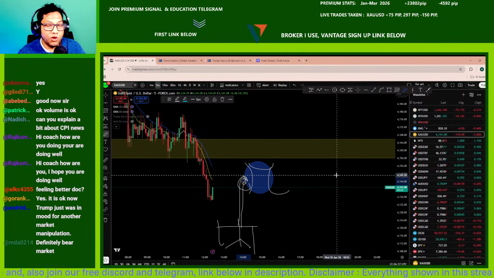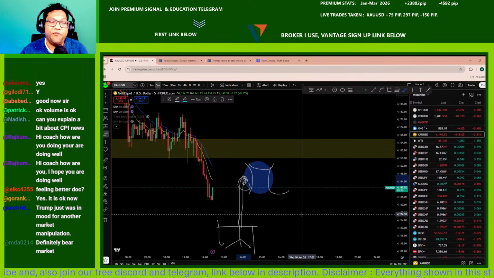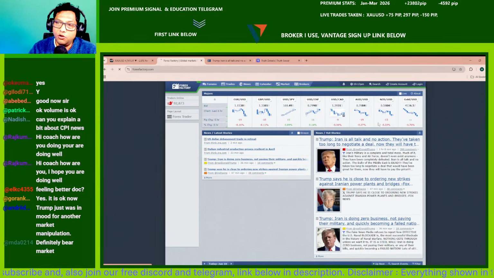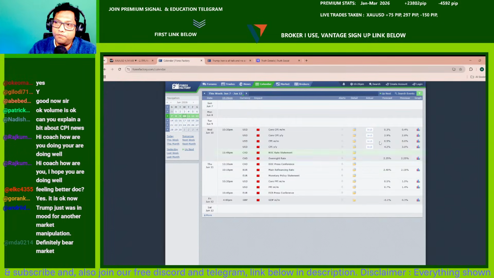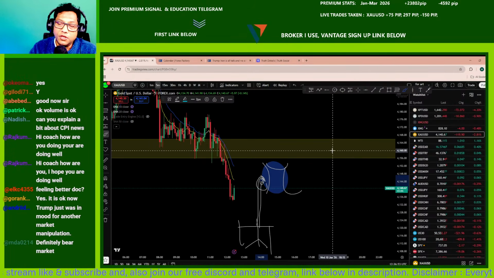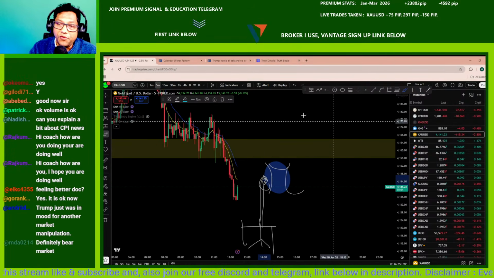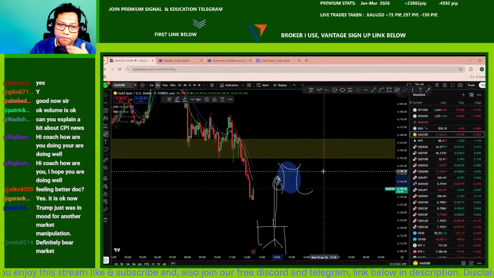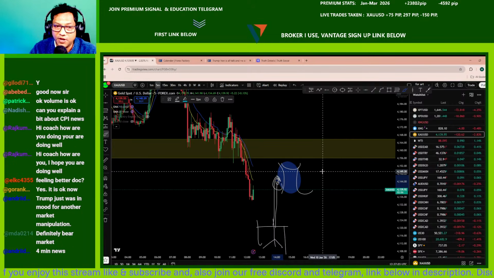If you look at the market moving, how many factors can we consider that move the market? Upcoming, if you look at the calendar, CPI also moves the market. So if we look at the overall market sentiment here, the formation is definitely a bear market.